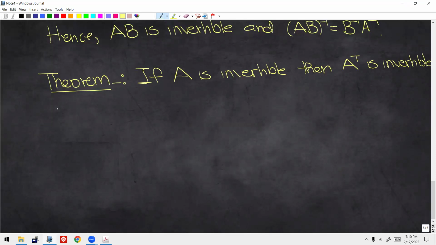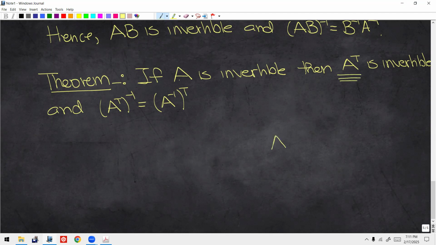And the inverse of A transpose is equal to A inverse transpose. So keep an eye on how those exponents are getting moved around. Okay. So we are saying that if A is invertible, then so is A transpose.